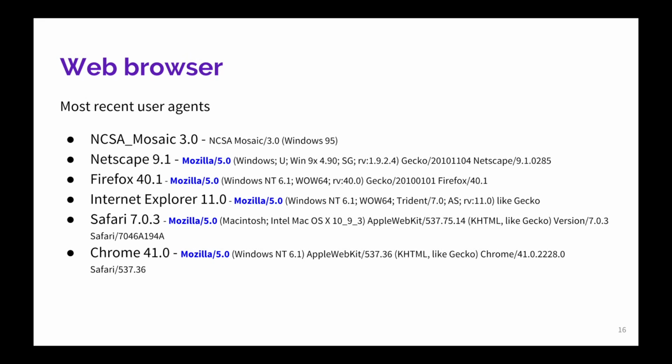So here I have listed a few browsers' user agents, and if you look at it closely, you would notice this Mozilla string sticking to all the browsers' user agents. And if you know the reason, then you will laugh at it. The reason is that Netscape had frame support, which Mosaic did not have. So the developers used to check the user agent. If it had Mozilla in it, then they used to serve frame documents to the client.